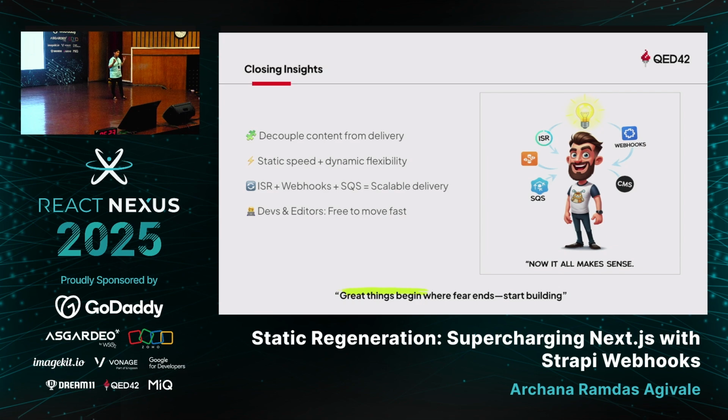By picking something good from static and something good from ISR, we generate an excellent and flexible solution. ISR plus webhook plus SQS, that combination, gives you a great solution where you don't want to go with an immediate build trigger.